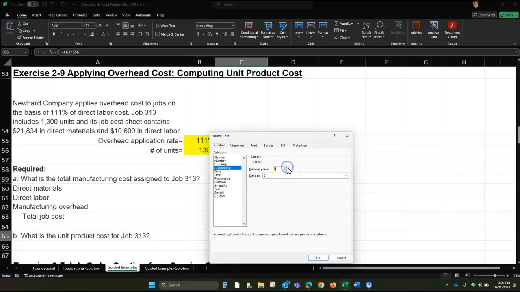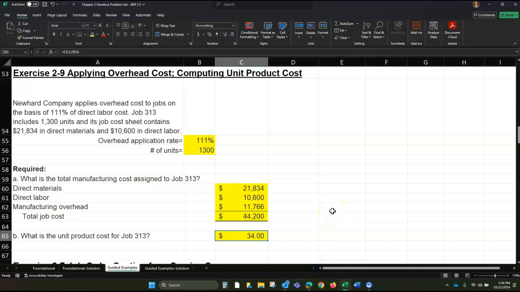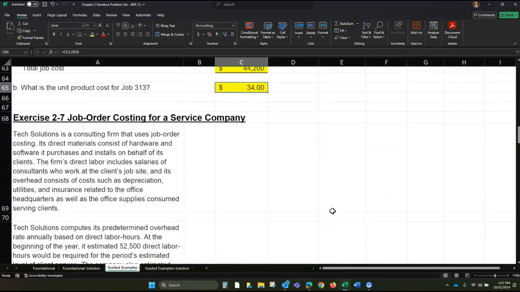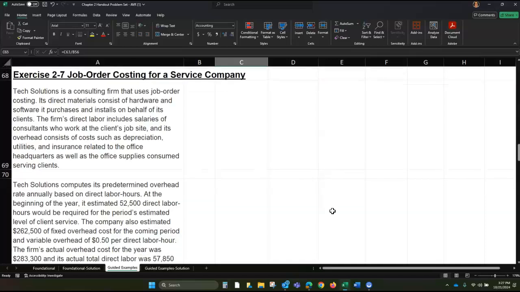We just hit the up arrow twice, and now we can see that it's not rounding from something like $33.98 to where, you know, something crazy in Connect would mark it wrong. Any questions on that one? Okay. All right. Let's look at exercise 2-7.